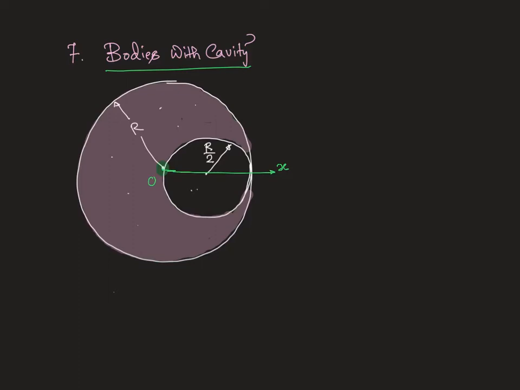Now this part with the hollow is equivalent to this whole disc and a smaller part. I'll draw it.